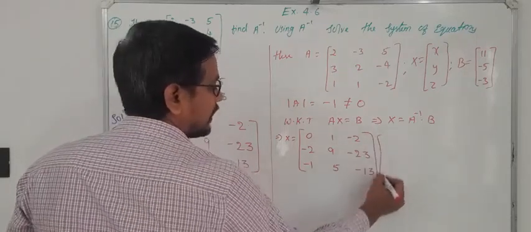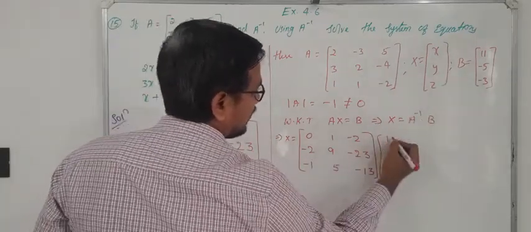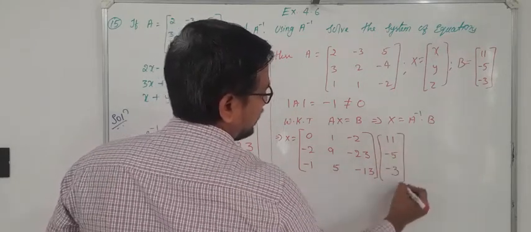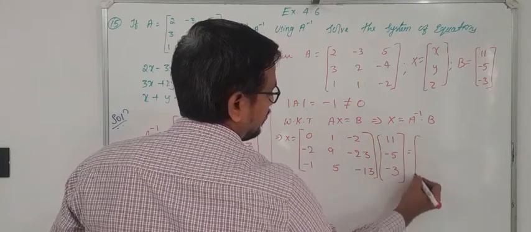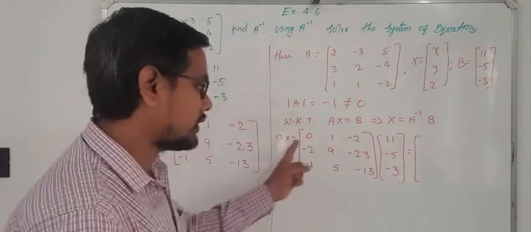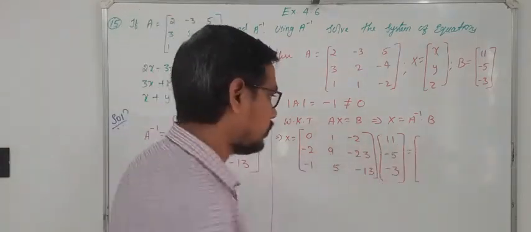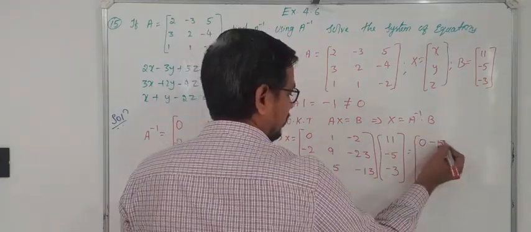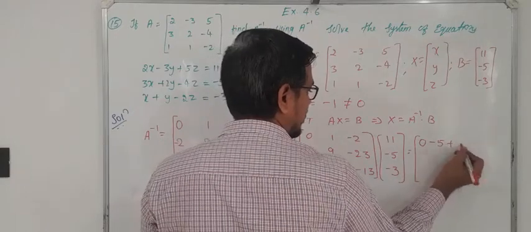What is B? B, we know, is 11, minus 5, minus 3, right? So this will be 0 into 11, 0; 1 into minus 5, minus 5; minus 2 into minus 3, plus 6.